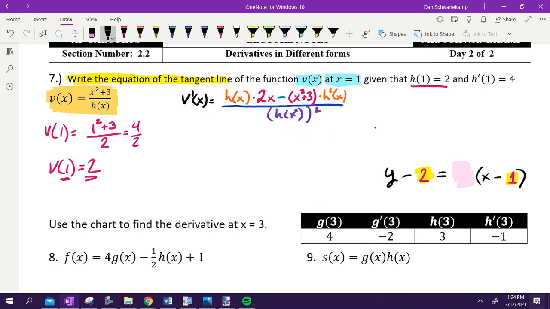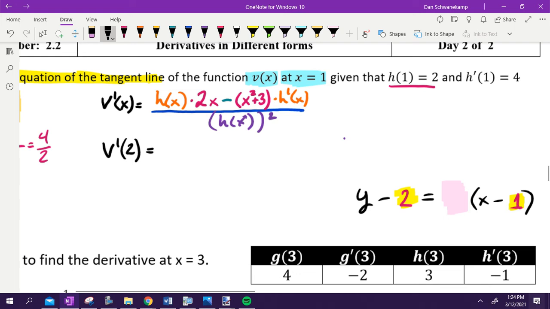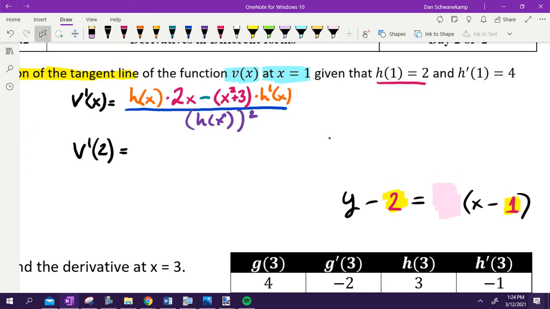Now that I have found my derivative, all I have to do is plug in some numbers. Now my job is to find v prime at 2. So if I'm trying to find v prime at 2, the first thing it tells me to do is to find h of 2. What am I going to plug in for h of 2? Lucas? Oh, my bad.